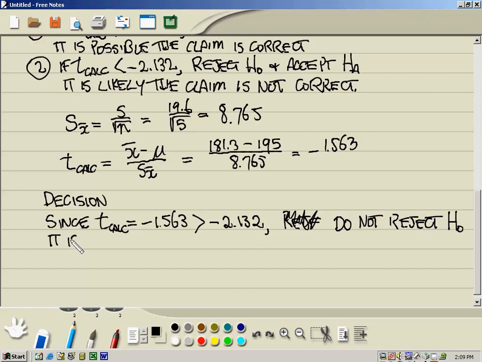And it is possible the claim is correct. And that's the end of this problem.